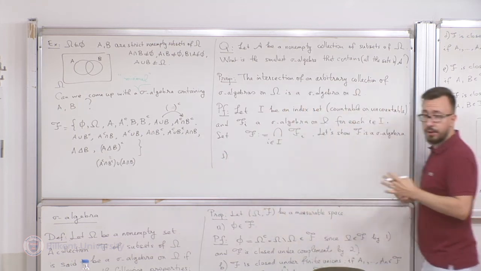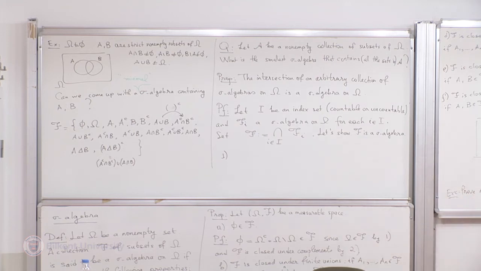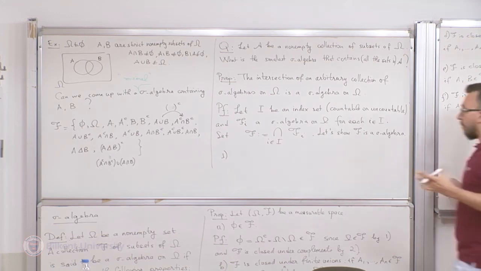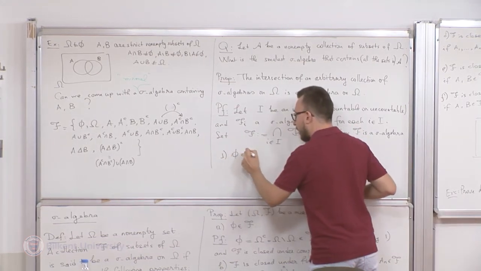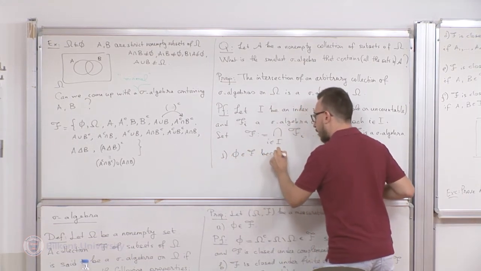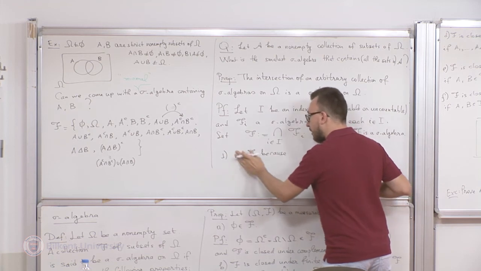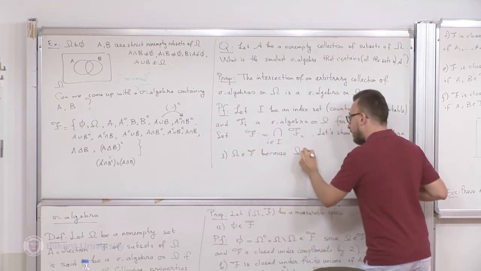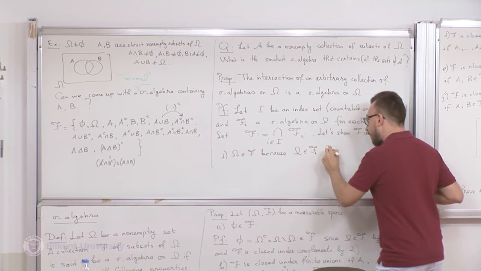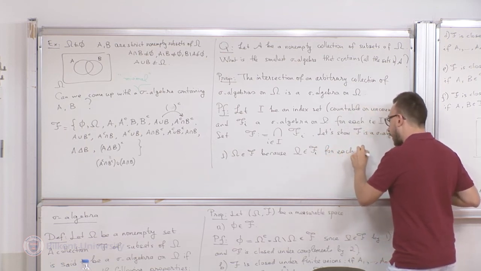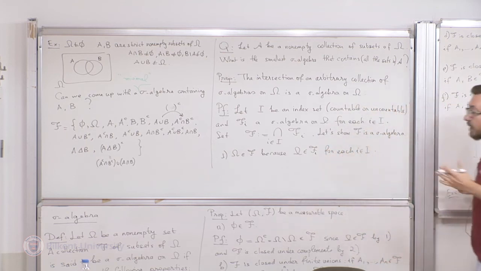Well, we have to go through the definition. Omega is in F. Why? Omega is in F because, not the empty set, omega is in Fi for each i, since Fi is a sigma algebra. So I want to show that omega is in F, and F is an intersection.